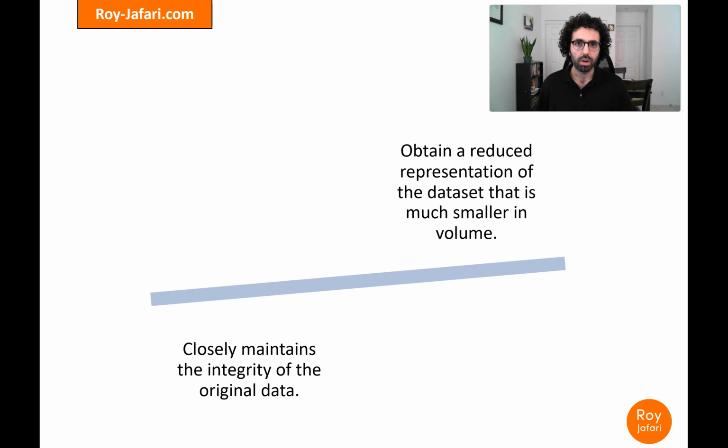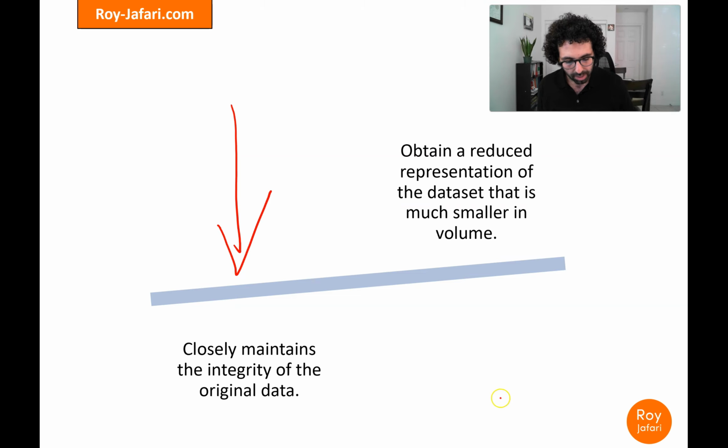So next we're going to talk about the objectives of data reduction. There are two objectives that a successful data reduction should always balance out. One objective is that we want to obtain a reduced representation of the data that has a lower volume, a lower amount of data.